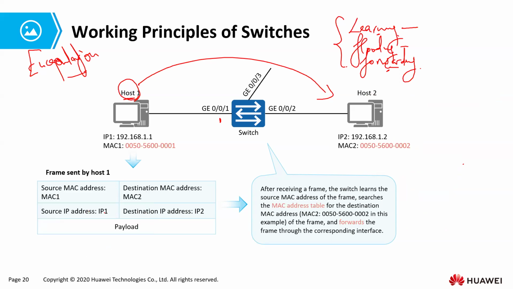So during encapsulation, when I get to the destination IP, I put in the IP of host 2. But the destination MAC is not known, the physical address of our destination when we do our encapsulation. The source MAC is host 1 and the source IP is host 1.